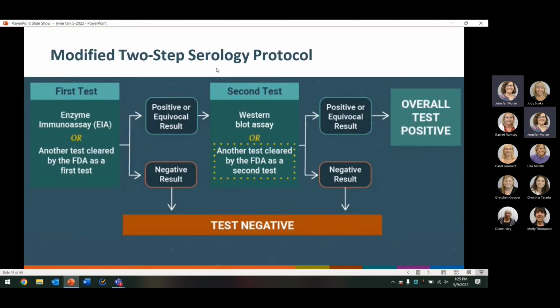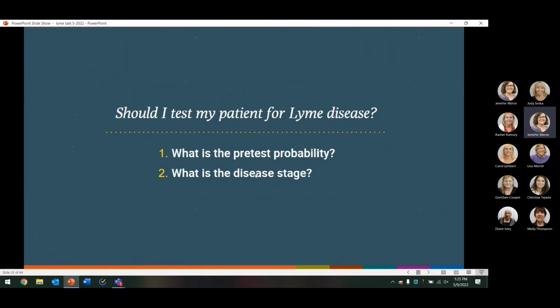So the modified 2-step protocol, again, you would start with the EIA. If it's positive, you would do another EIA test that's approved by the FDA as a second test. So one question that our providers really should ask is, should they really be testing people for Lyme disease?